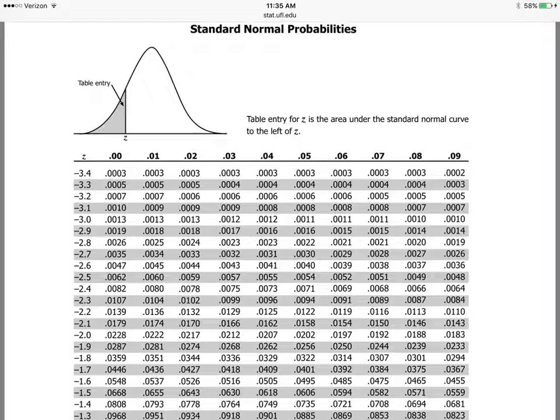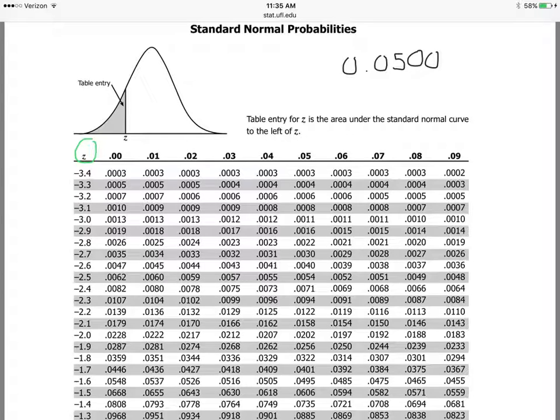And what we're looking for is a z-score that corresponds to an area below, otherwise known as cumulative area, of 0.05. Now 0.05 is the same as 0.0500.